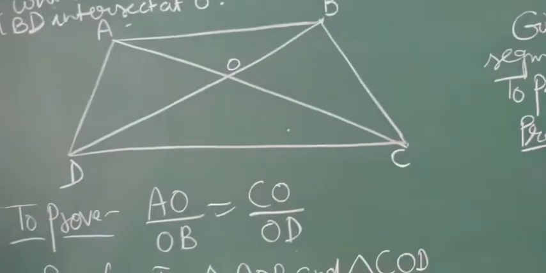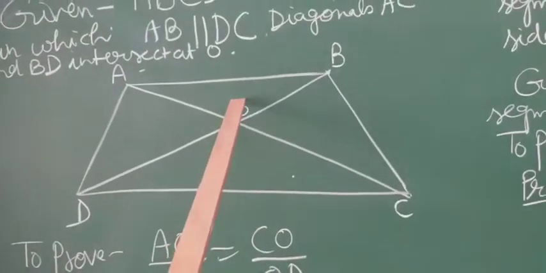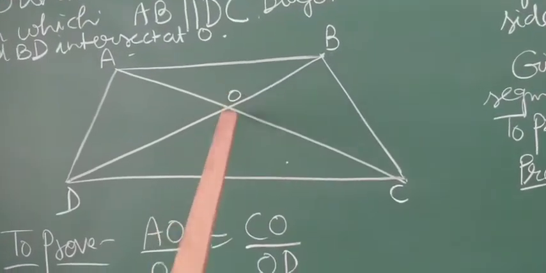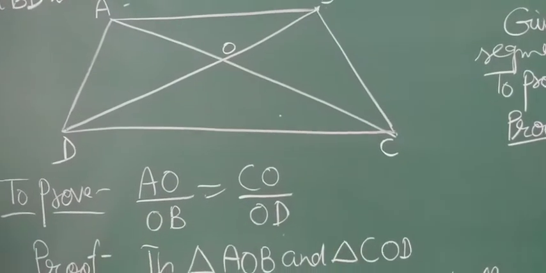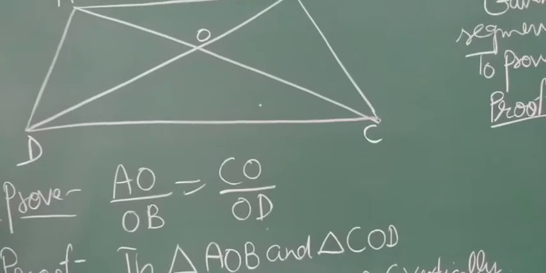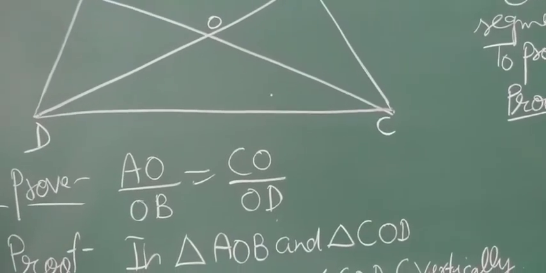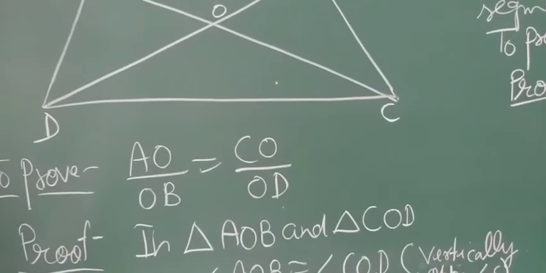Students, you can see here, if we make these two triangles similar, then we can get this, because we know that the ratios of corresponding sides of similar triangles are equal.